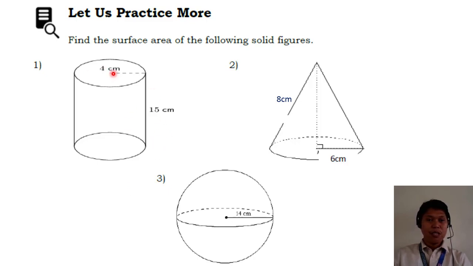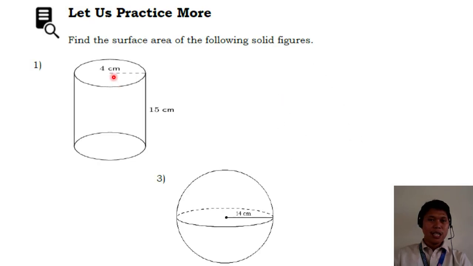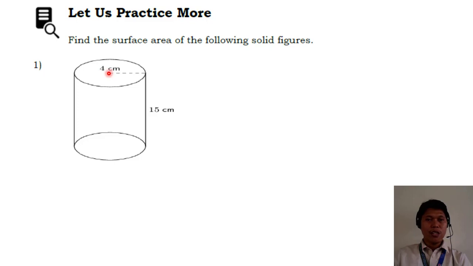So you have, first, number 1 is the cylinder with radius of 4 centimeters and the height is 15 centimeters. Then we are going to replace with the formula 2 pi r squared plus 2 pi r h. Okay, the formula of the base and the formula of the area of the lateral surface.